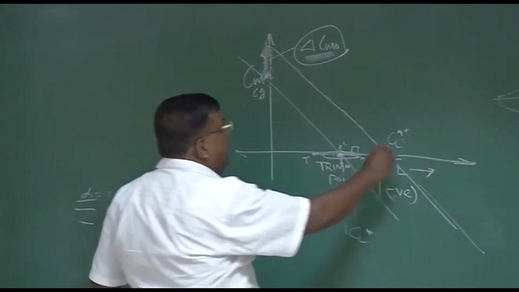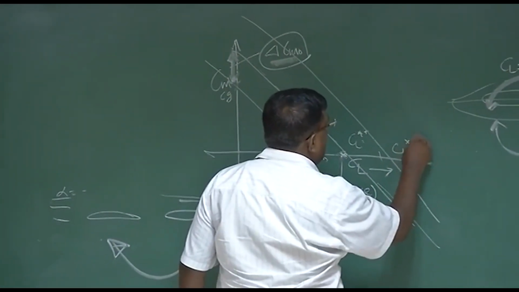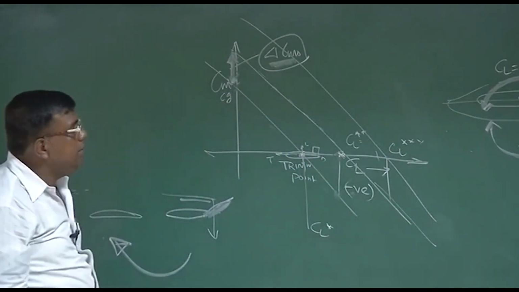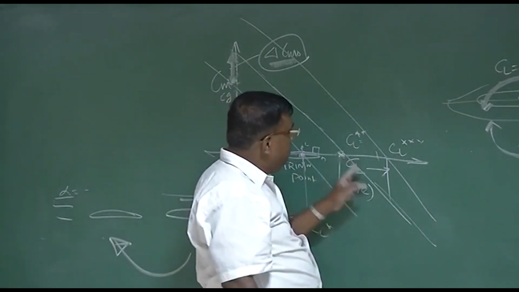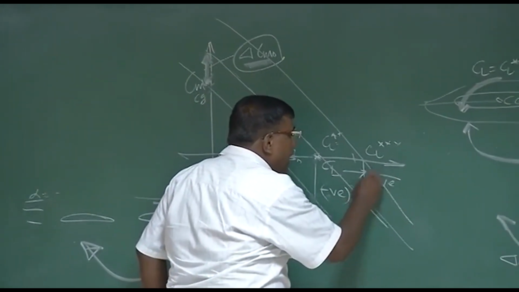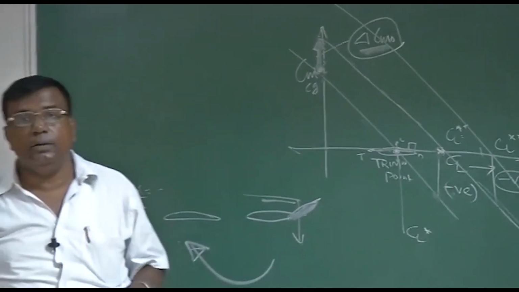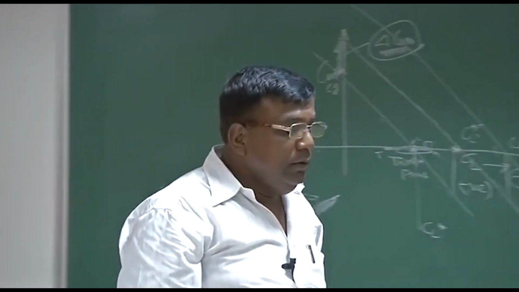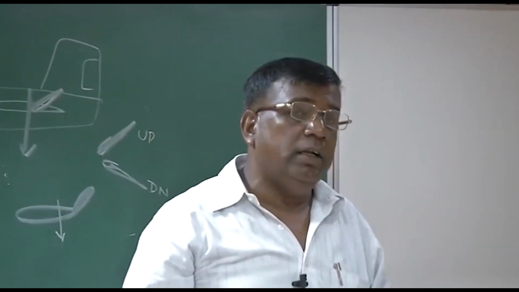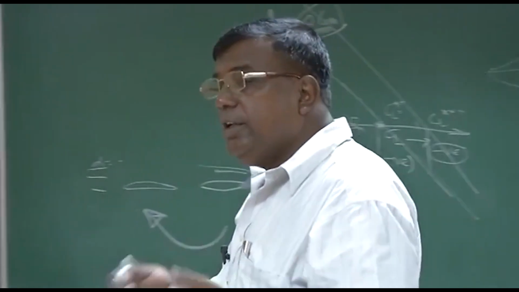If you want to fly at another CL star or triple star, again you have to see how much additional moment it will generate with respect to this equilibrium. So this negative moment I have to again compensate, so I have to further put the elevator up. But you cannot go on putting the elevator up or down, because beyond a certain deflection the flow will separate, elevator will become ineffective.